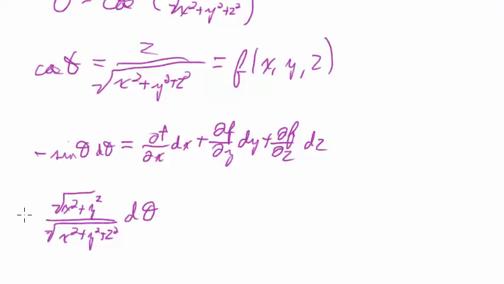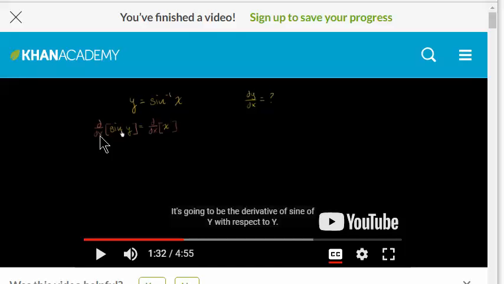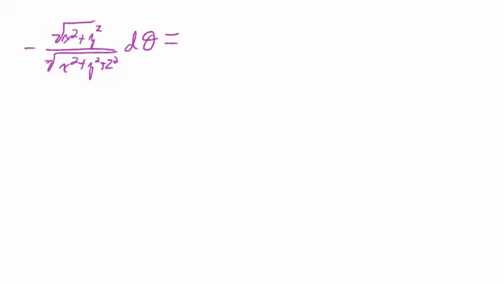So that is going to give us d theta equals del f del x. I don't know what it's going to be, but it is going to be a function of x, y, and z. Del f del y is also going to be a function of x, y, and z. Del f del z is also going to be a function of x, y, and z. Yeah, it does look like over here he has a derivative with respect to x.